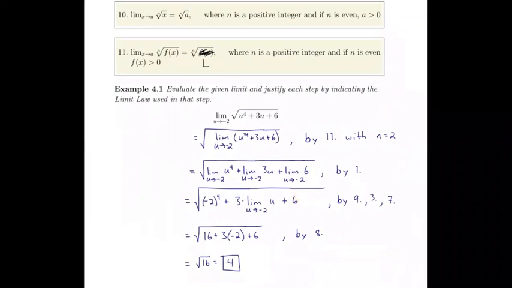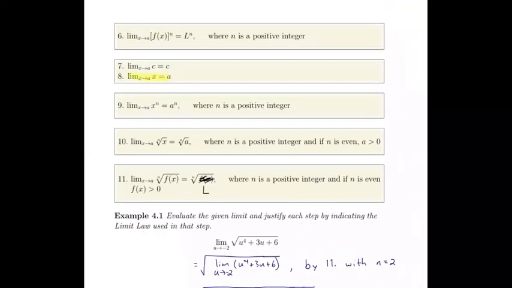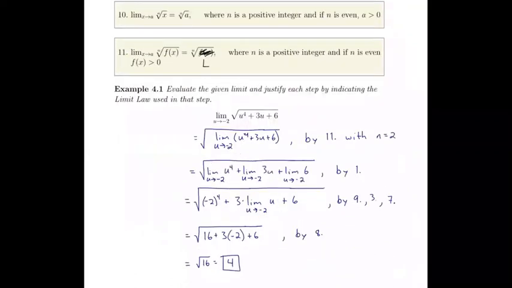Now the last thing we need to do is evaluate this limit. And well, this is the identity function, u, right? So we use limit law number 8, and we get that as u approaches -2, this limit is equal to -2. And now we just simplify everything underneath this radical.